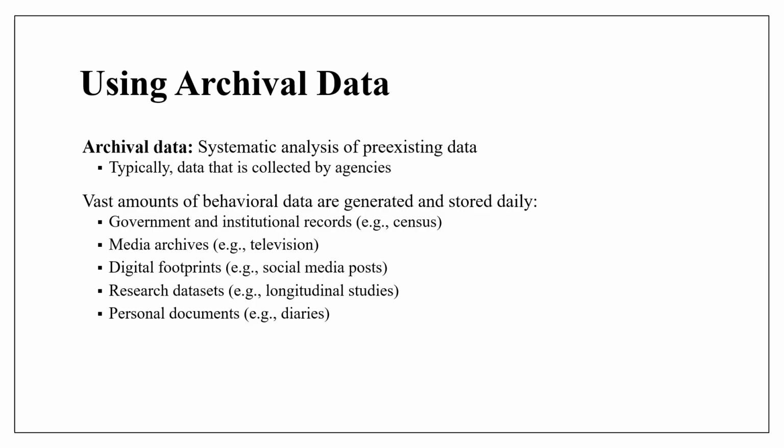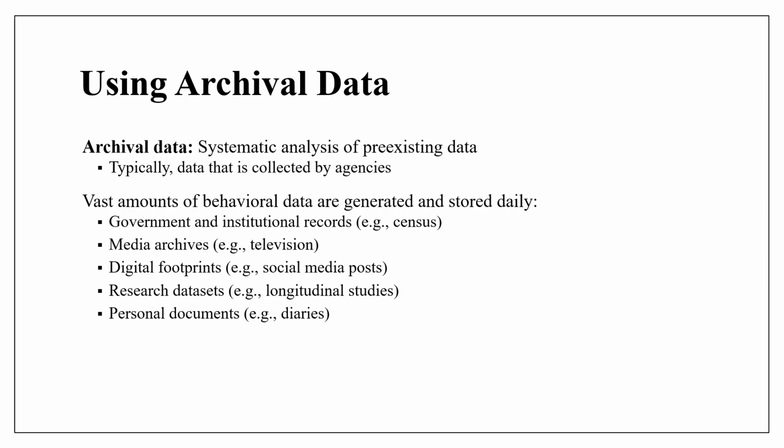Now, typically, these data sets used as part of archival data are collected by big agencies like the CDC or the census and some national health organizations and things like that.